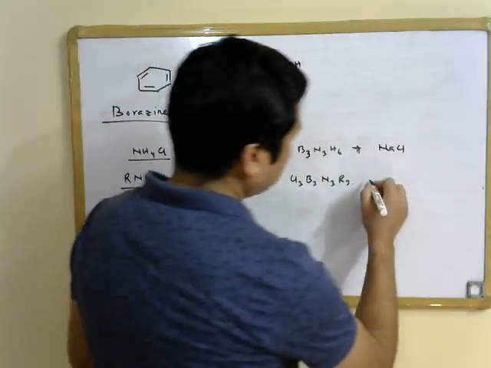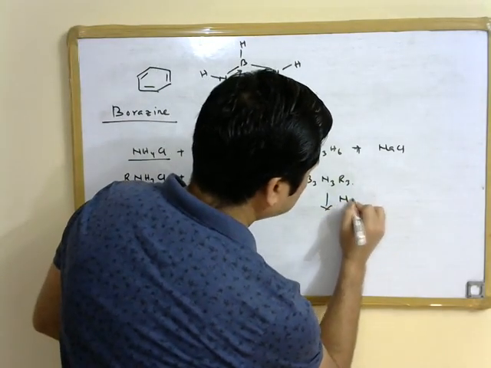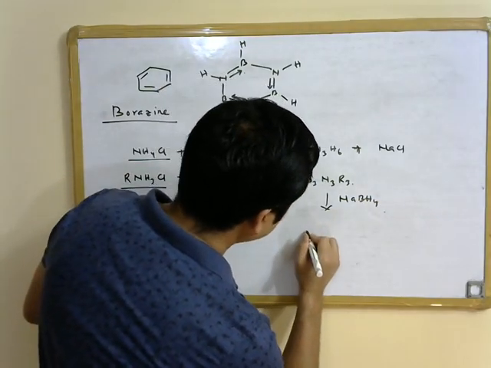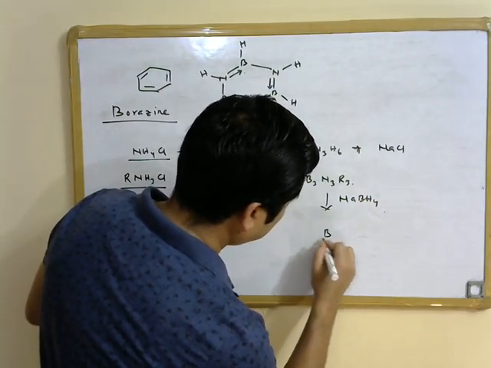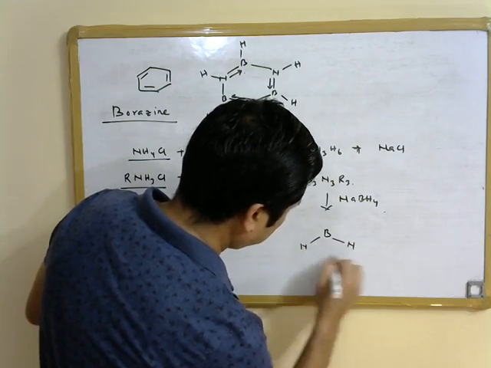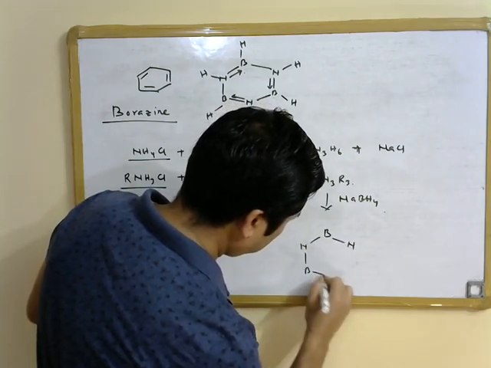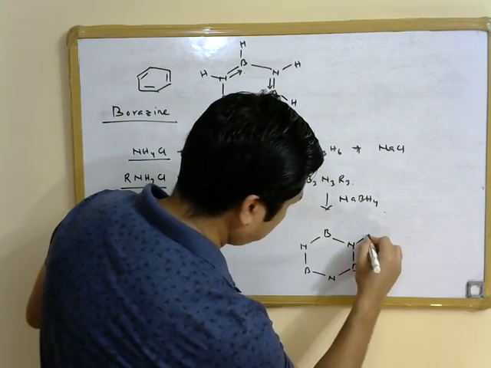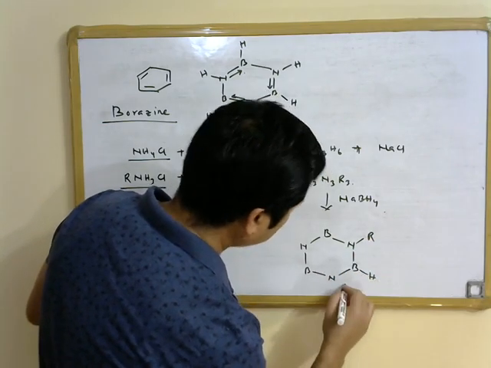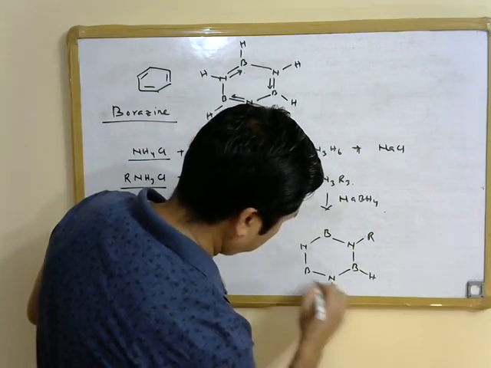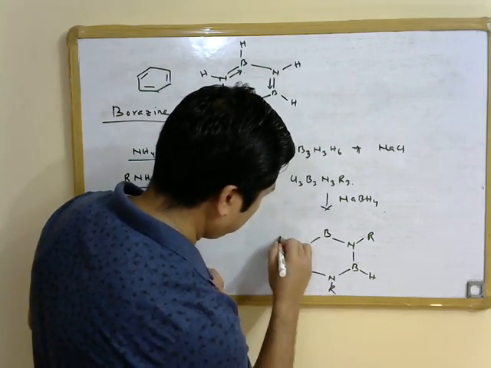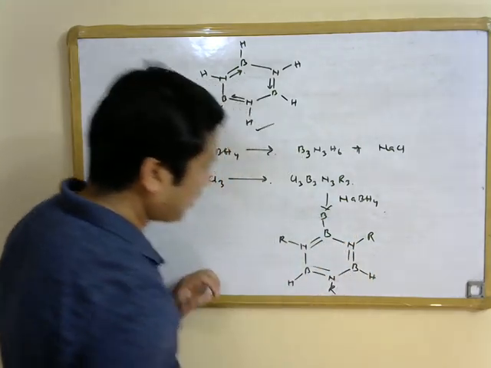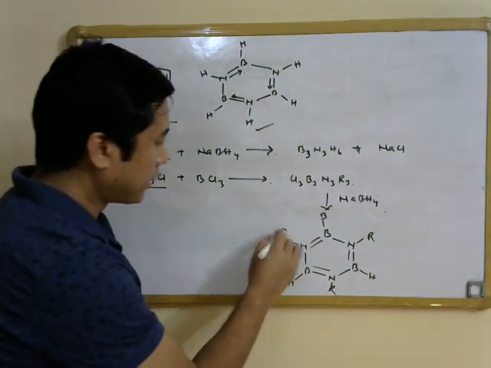When we do reduction with NaBH4, we will get this sort of substituted Borazine.